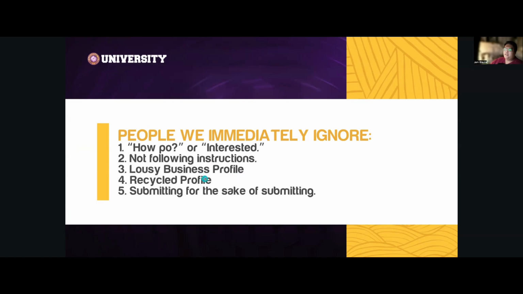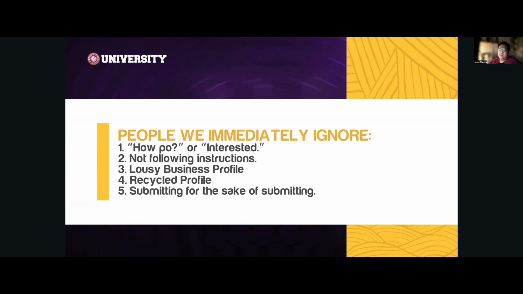Recycled profile. There are applicants who apply to a specific agency, but the profile they forwarded is from other agencies, with the logos still in there, submitted just for the sake of submitting. That is not right. That is very, very wrong.